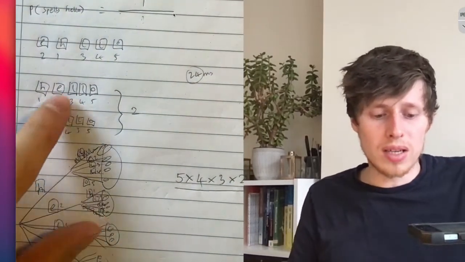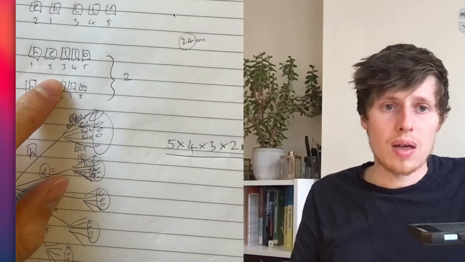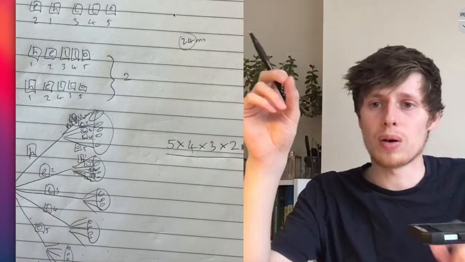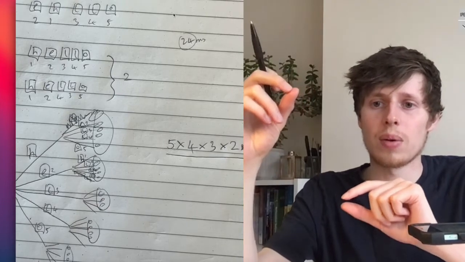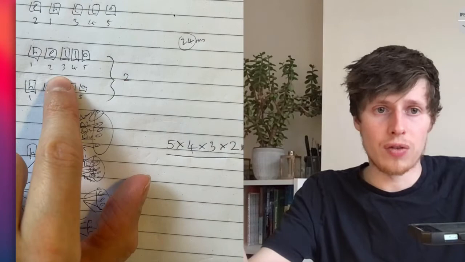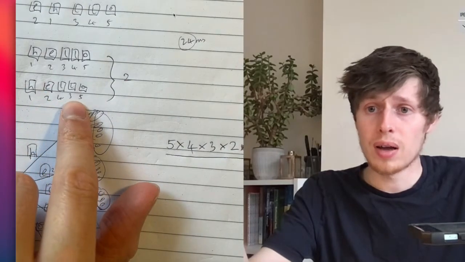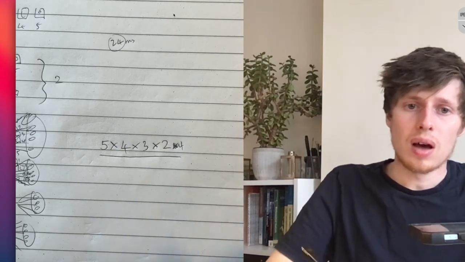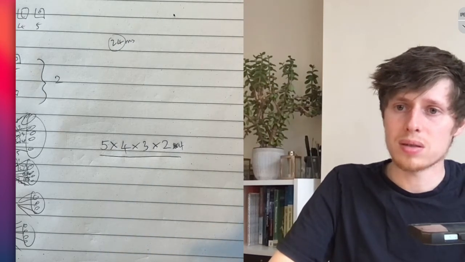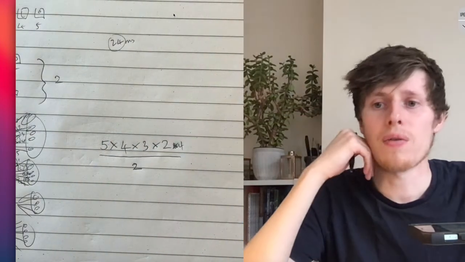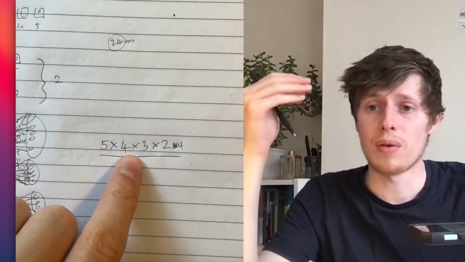For, let's say, the word hello, that's going to be in 2 different groups at the end. It's going to be in its own group twice. So that word hello is counted twice, because the ordering matters, whether we had 3 followed by 4 or 4 followed by 3. So out of all these outcomes we have, each word is repeated twice. So we're going to divide by 2, because we need half the number of those, and that's going to give us the number of words available to us.